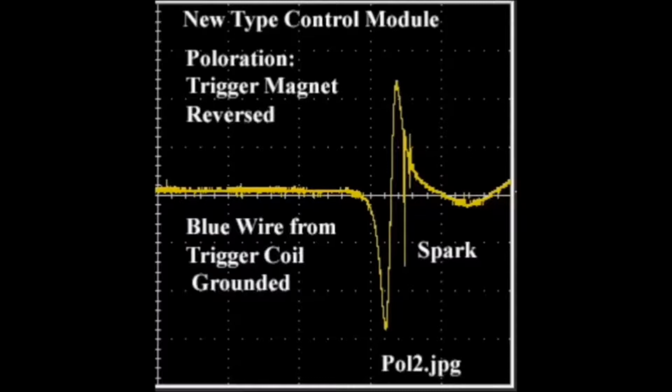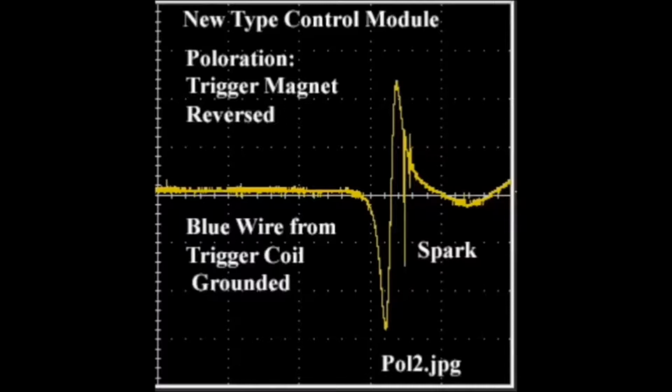And to change this, I switched the wires on the trigger coil to ground the blue wire, and to put the yellow wire going off to the control module.